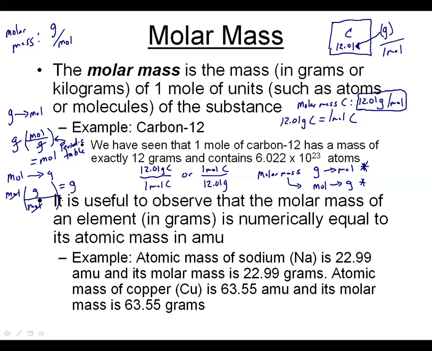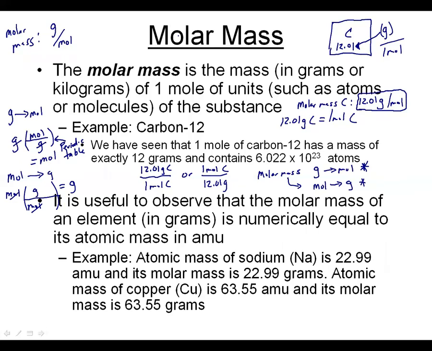And for any element that you take off the periodic table, basically the atomic mass, if you remember the atomic mass that we talked about earlier, was usually given in a unit known as AMU, which is an atomic mass unit. And that is the number that we see on the periodic table. And that number in AMU per atom is the exact same number as you get as grams per mole.